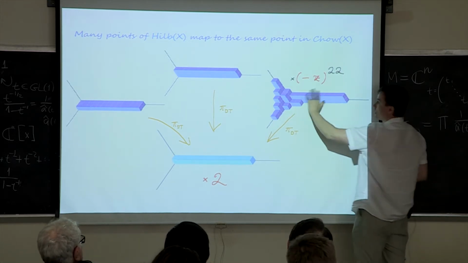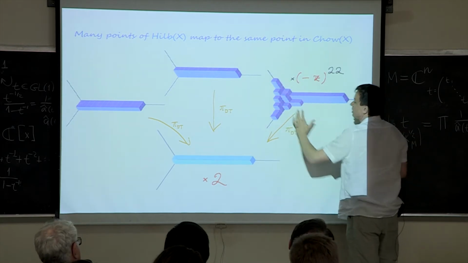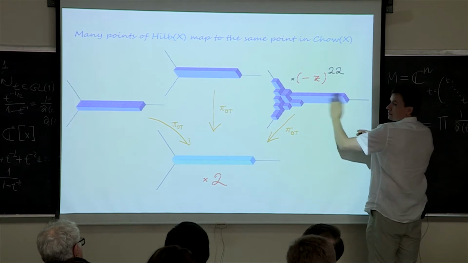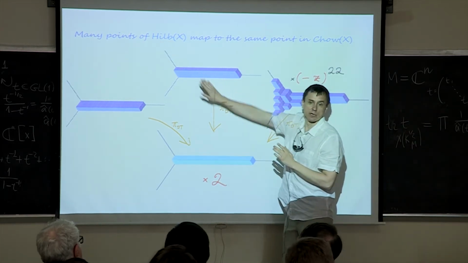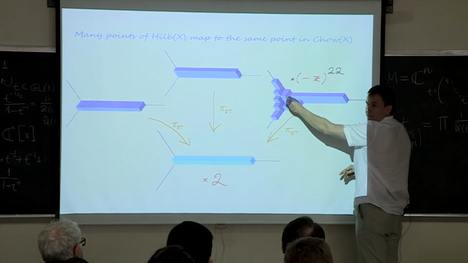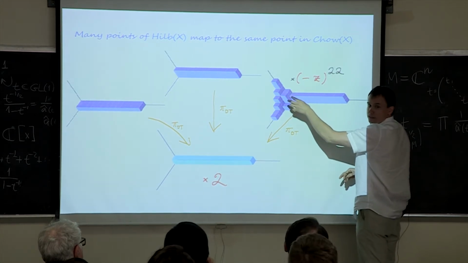So this is the map. This means that away from the origin, this subscheme looks just like this subscheme, but at the origin it has a lot of extra thickening, a lot more functions.